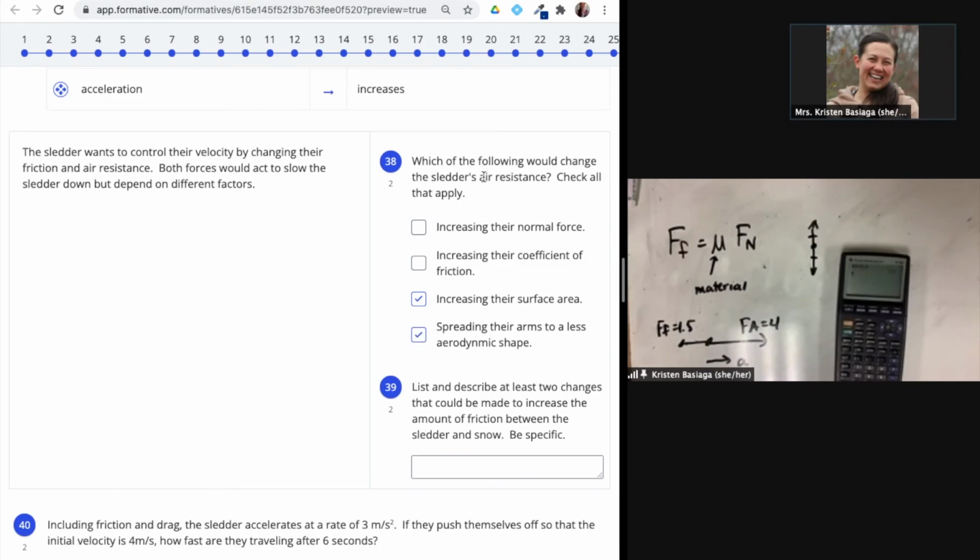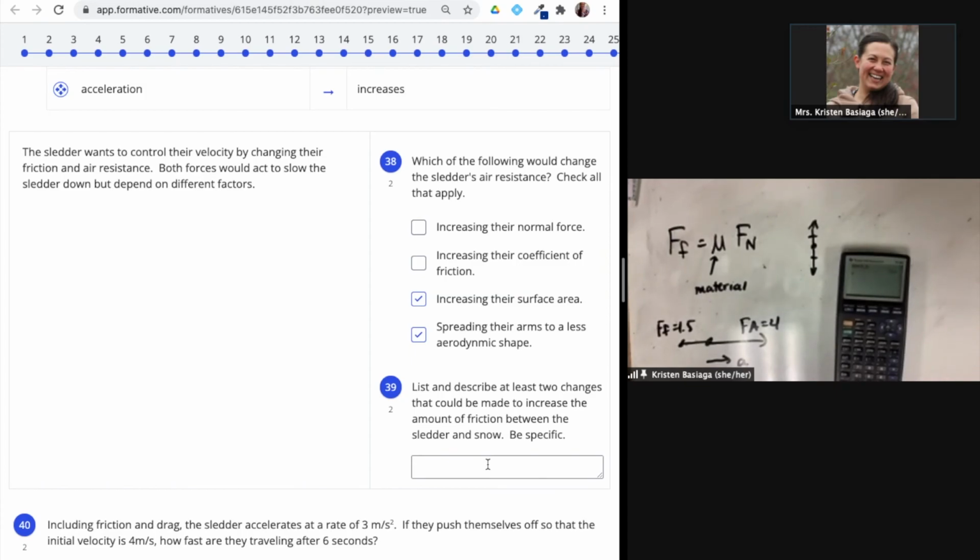So for air resistance, I think of the 4 S's: size, shape, surface area, surface material. Friction is the one that depends on coefficient and normal force. Don't get those confused.